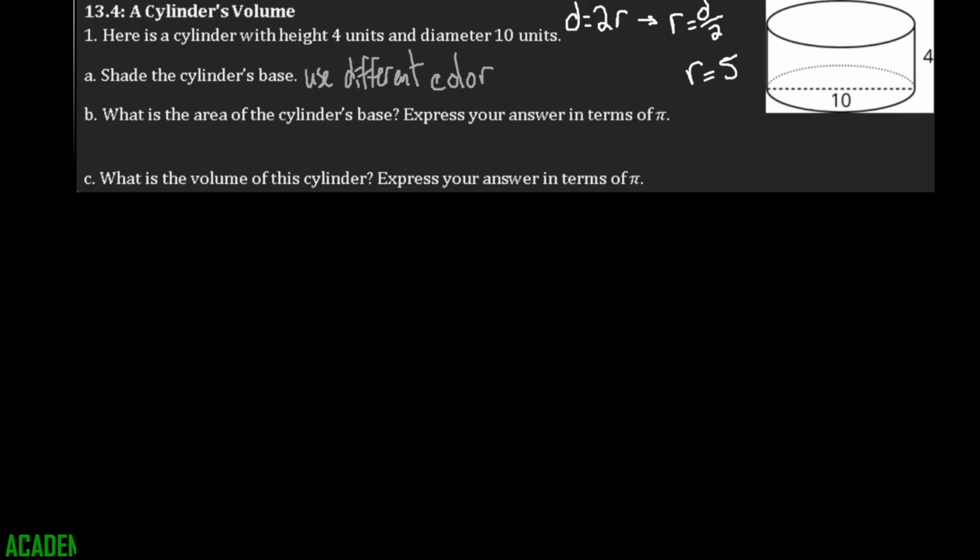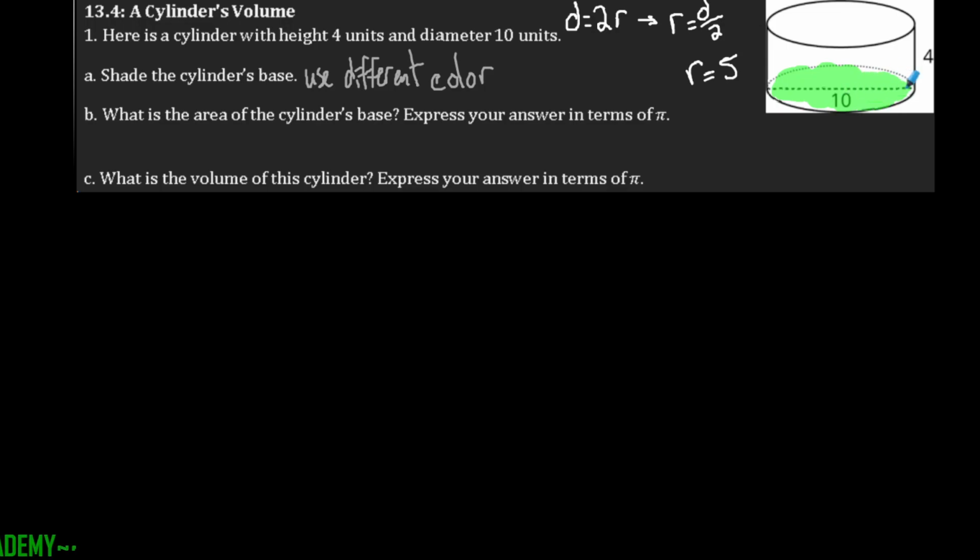You can just shade it in. If you want to use the highlighter, you can. So let me actually do that. Let's just use the highlighter. I'm going to highlight that base, maybe a color that's actually visible. Let's do green, there we go. So I'm going to highlight one of those bases.